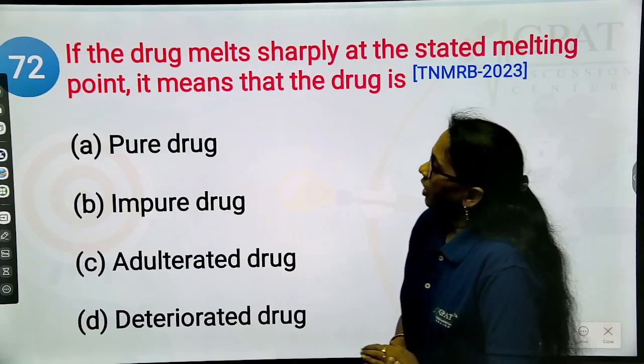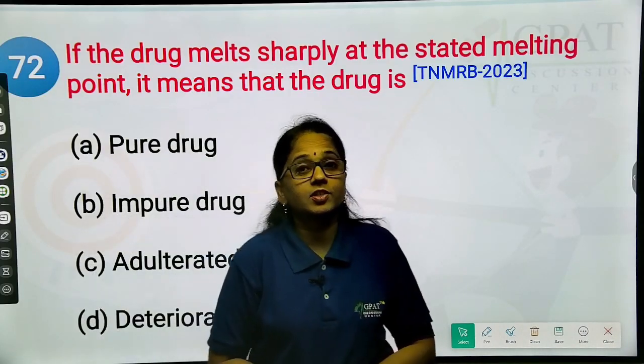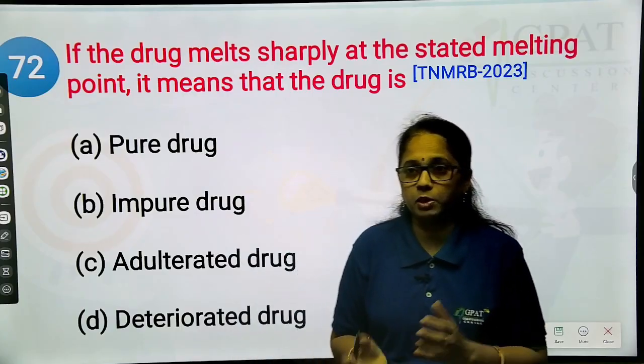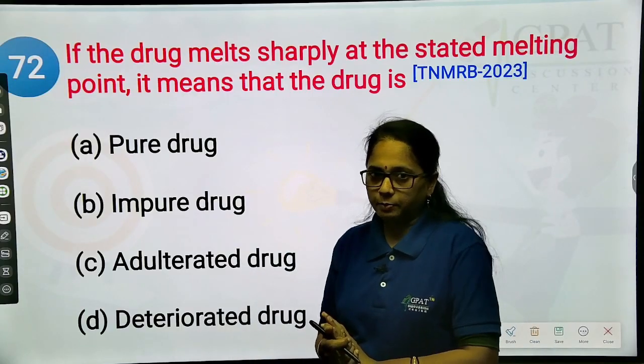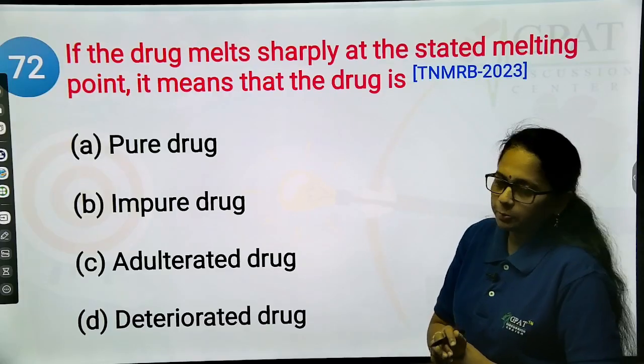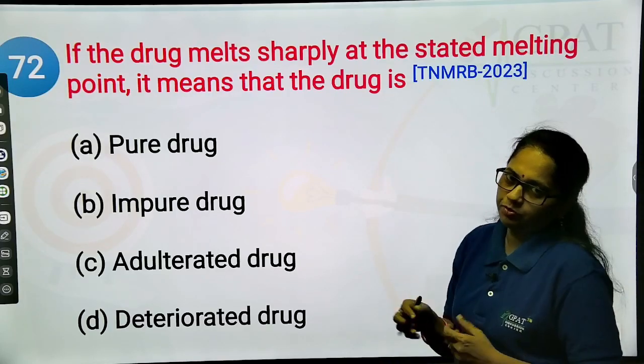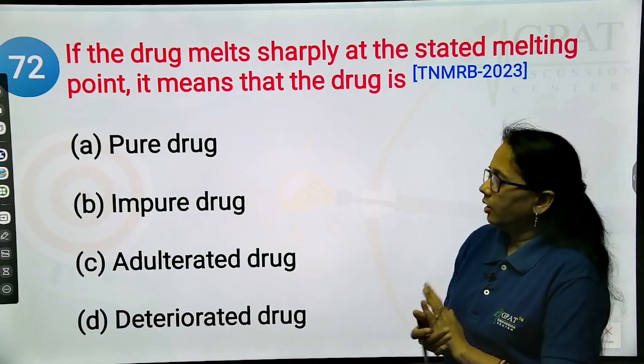Next, if the drug melts sharply at the stated melting point, that means exactly at the prescribed point, it melts sharply at the given melting point. What does it mean? That means it is pure in nature.